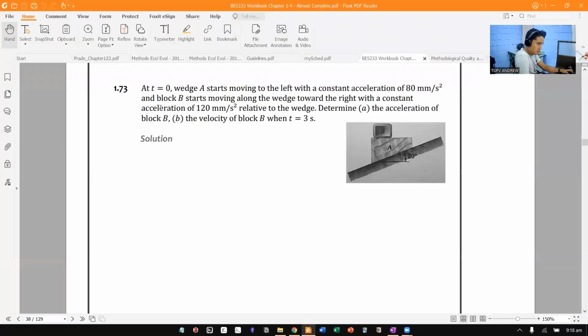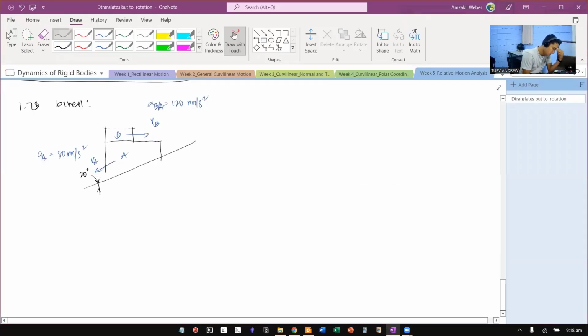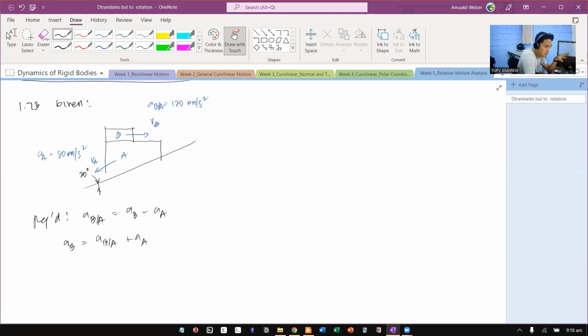Another question is the acceleration of block B. We have AB/A, which is AB minus AA, so the acceleration of block B is AB/A plus AA.